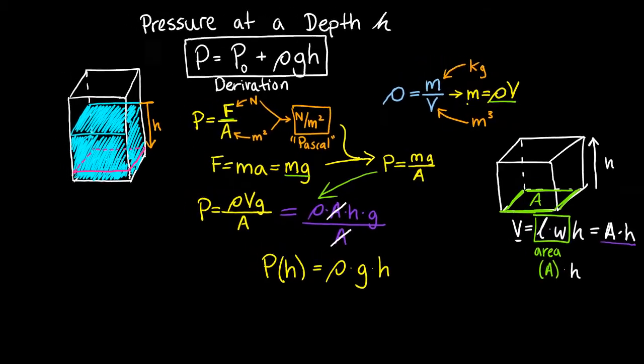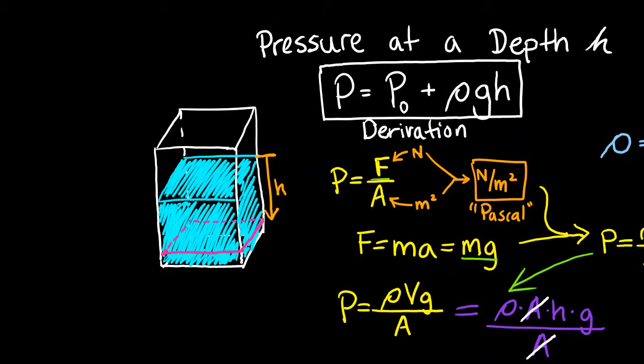However, let's take a look at the schematic. In something that is open to the environment or open to the air, the pressure on something at this depth of h is not just due to the fluid or the liquid that it is in. It is also due to the atmosphere pushing above it. Do not forget that there is atmospheric pressure pushing along this area.